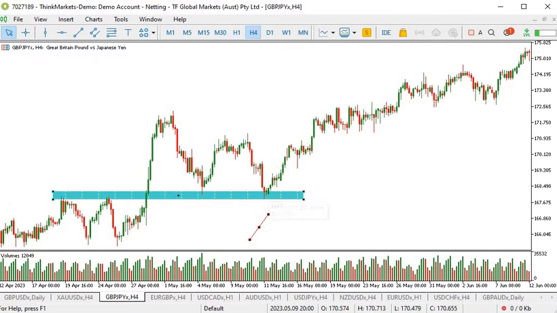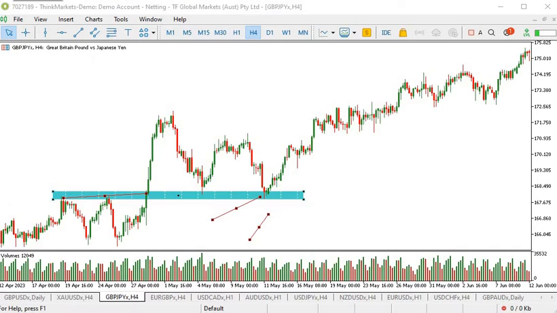So it was a good area because it was a flipped zone. You can see this area was serving as a resistance and the market broke this area. Now this area became support. Okay, and further confirmation is... So this was our answer to the second question.